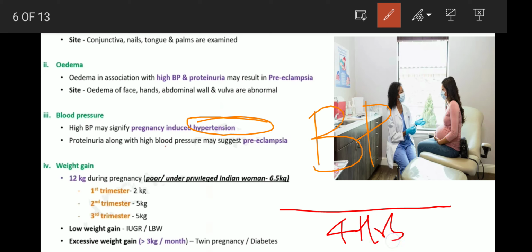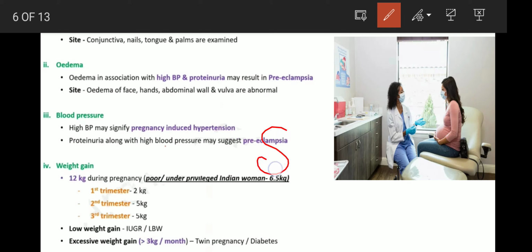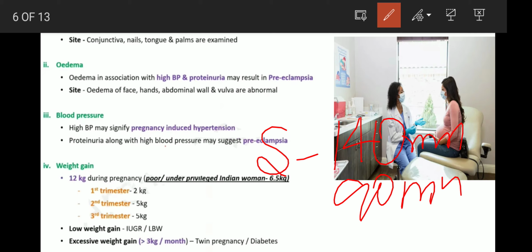Okay, 4 hours apart, once here, and after 4 hours again she will be checked. So if the systolic blood pressure is 140 mmHg and the diastolic blood pressure is 90 mmHg or more, then hypertension is diagnosed.